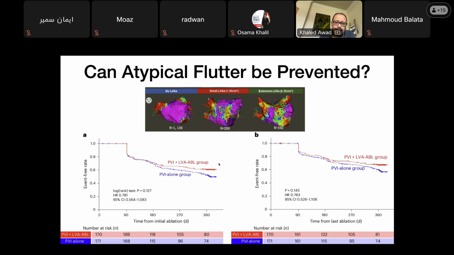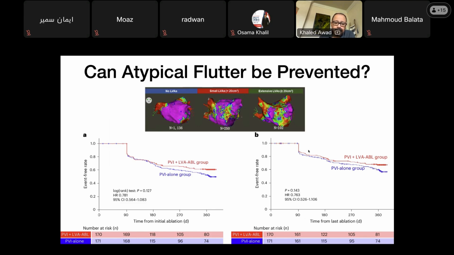The problem is this did not reach statistical significance, but you could tell that in the second ablation group, which is essentially the group that got pulmonary vein isolation and additional ablation targeting the scar, the outcomes were sort of similar, whereas in the group that didn't have voltage abnormality, the outcomes were not that different.